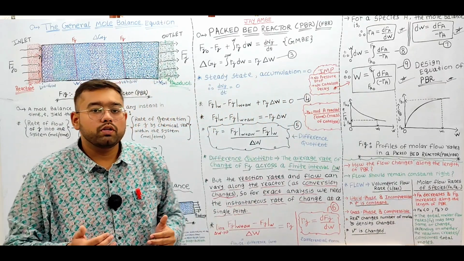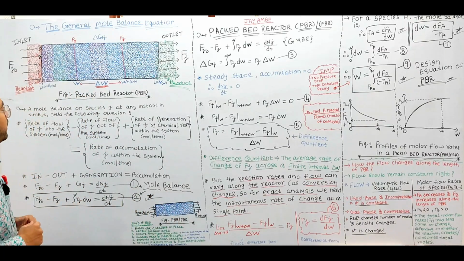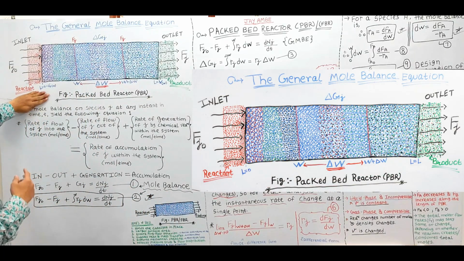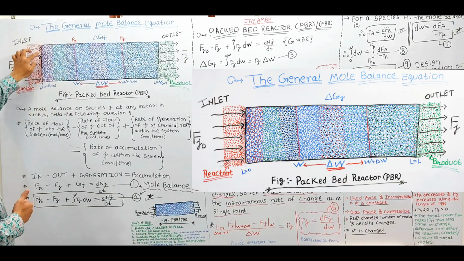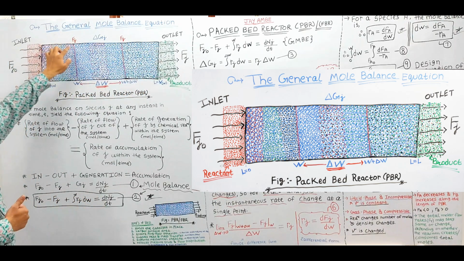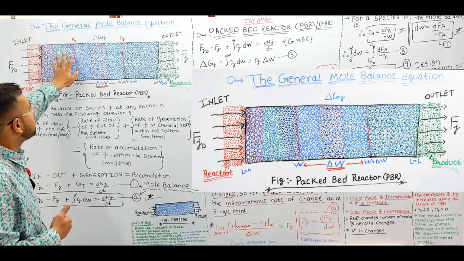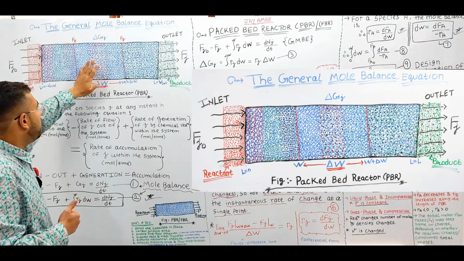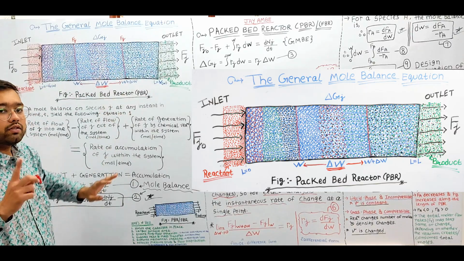Now we'll delve deeper into the understanding of the packed bed reactor, right? Let's say this diagram represents the packed bed reactor. Here we have the reactor boundary indicated by the rectangular black line, which encloses the system volume, the reaction environment where the reaction takes place.